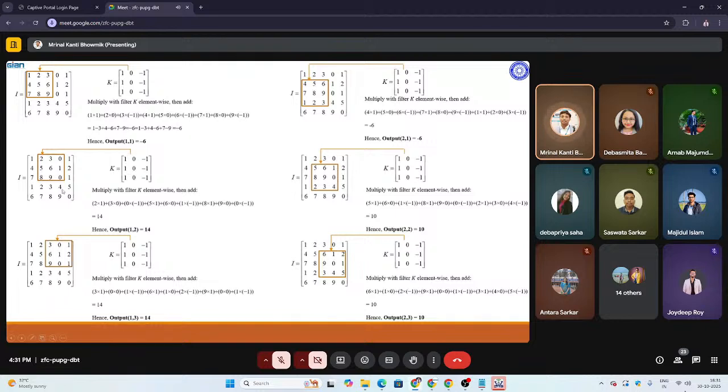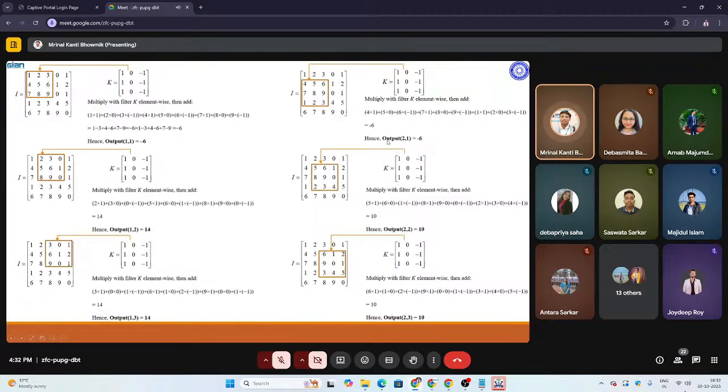In a similar way for output 1 2, each time the filter moves one step ahead, and it moves 9 times to cover the whole 5 by 5 matrix, because the output will be a 3 by 3 matrix.